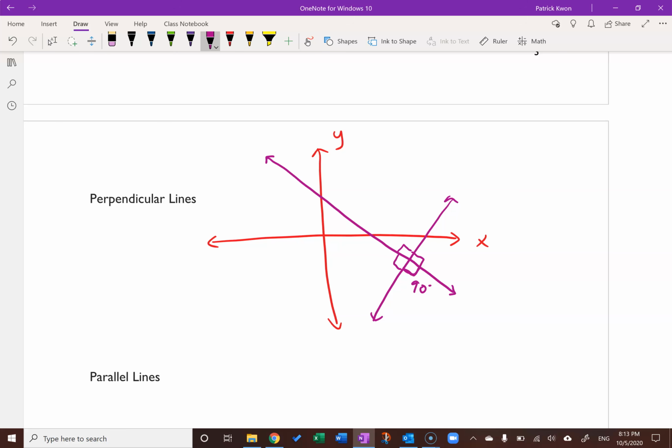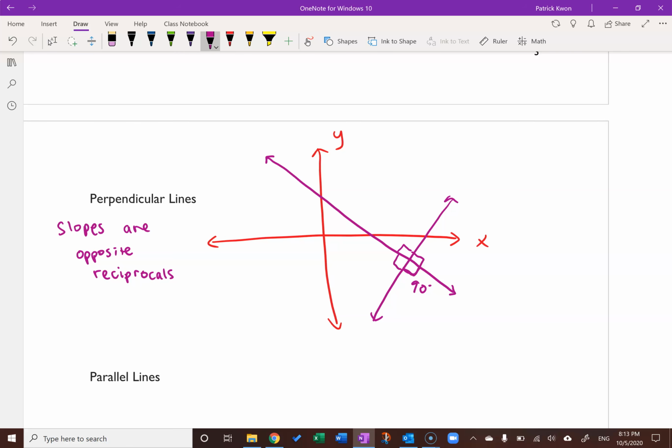And the important thing to know about perpendicular lines is that the relationship between the two slopes is that their slopes are opposite reciprocals. What does that mean, Mr. Kwan?